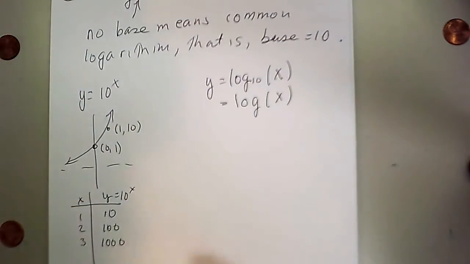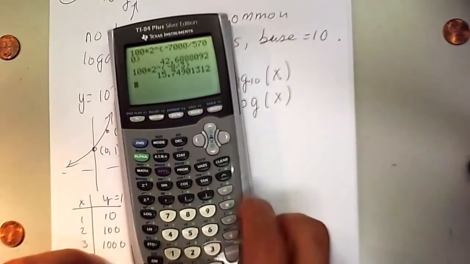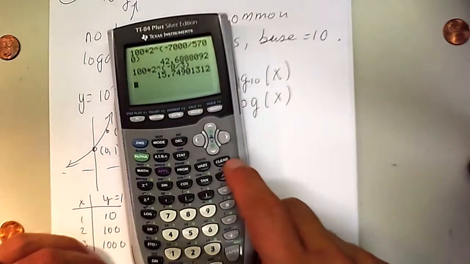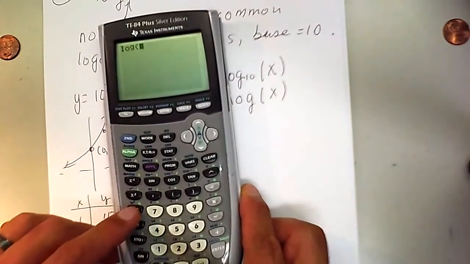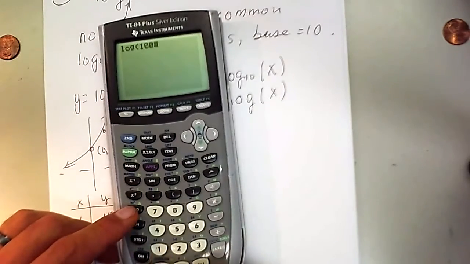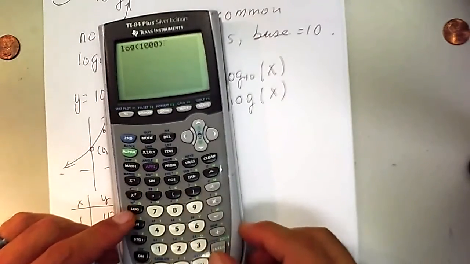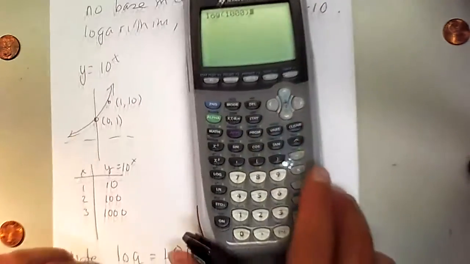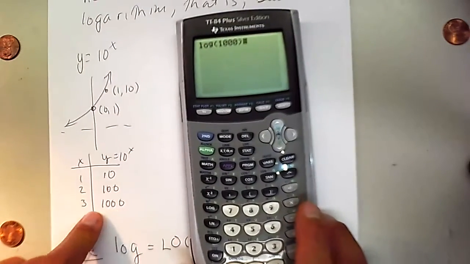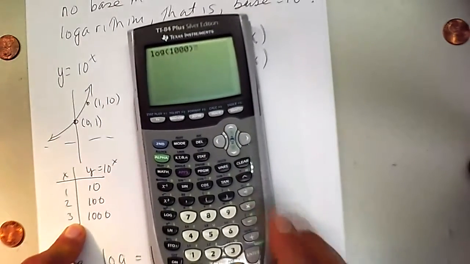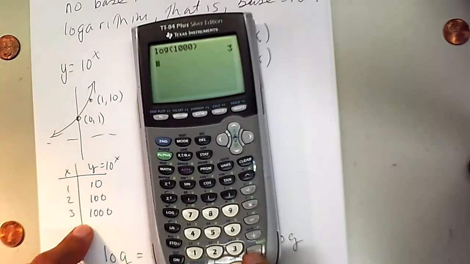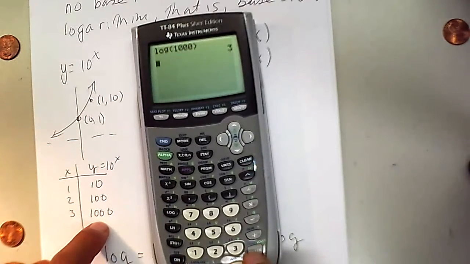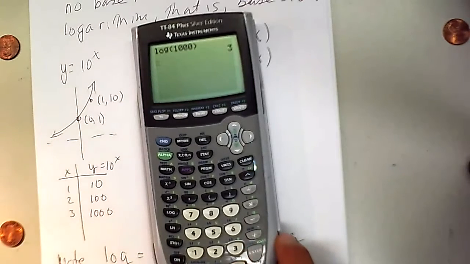If we put logarithm of 1,000, close parenthesis, I'm going to figure out what the logarithm of 1,000 is, and we better get this answer that I'm pointing to. Sure enough, we get 3. So this confirms what I am establishing, that the logarithm without a base means we have logarithm base 10.